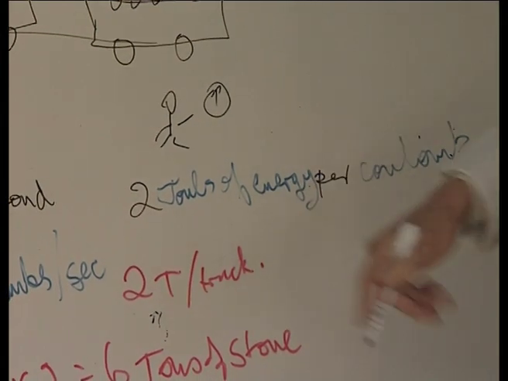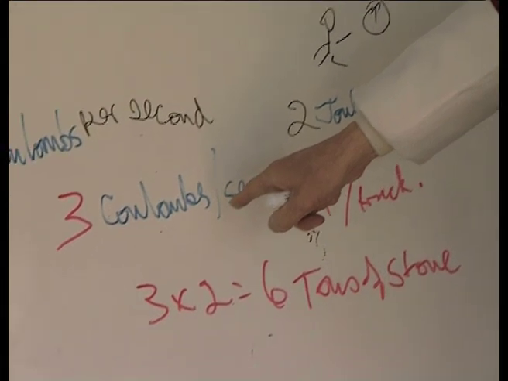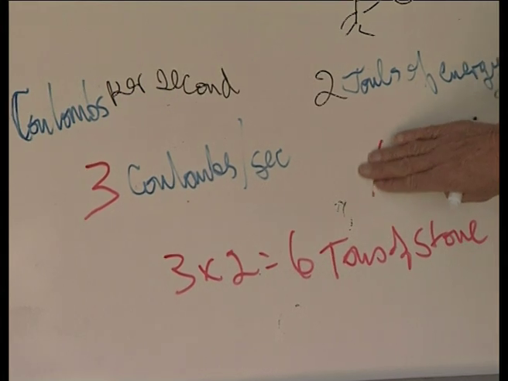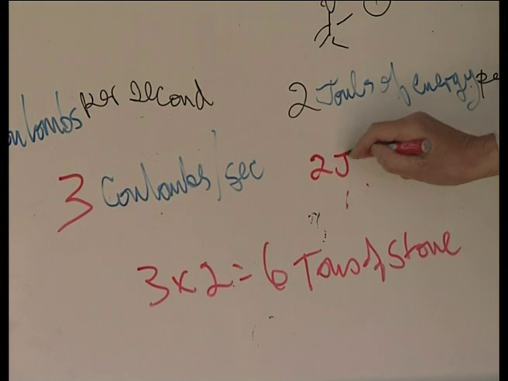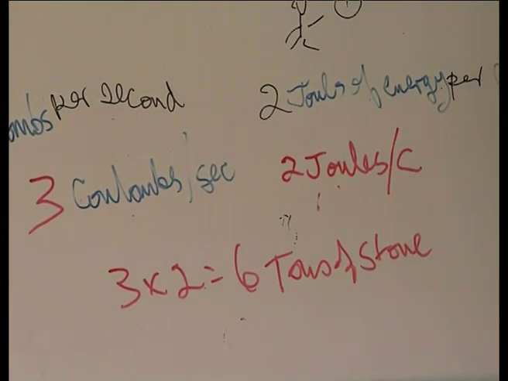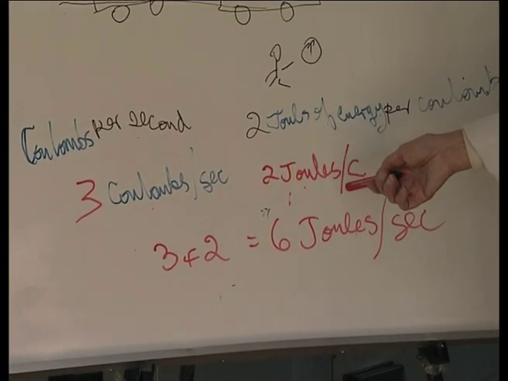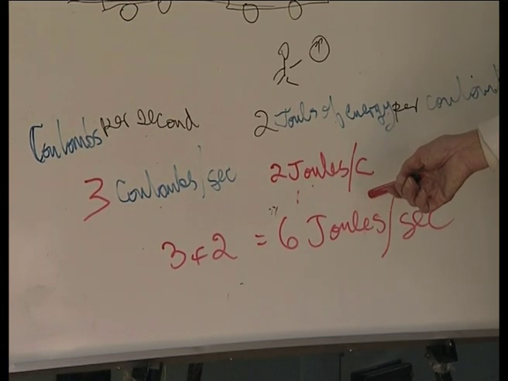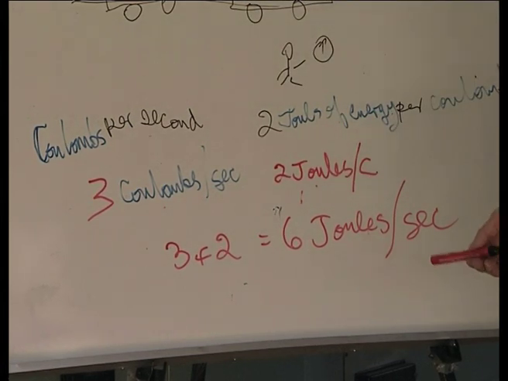If I want to know how many joules of energy I've got, if 3 coulombs of electrical charge are going past every second, and each one carries 2 joules of energy, just like the trucks had 2 tons of stone, the coulomb has got 2 joules of energy on it that it's carrying down the wire.